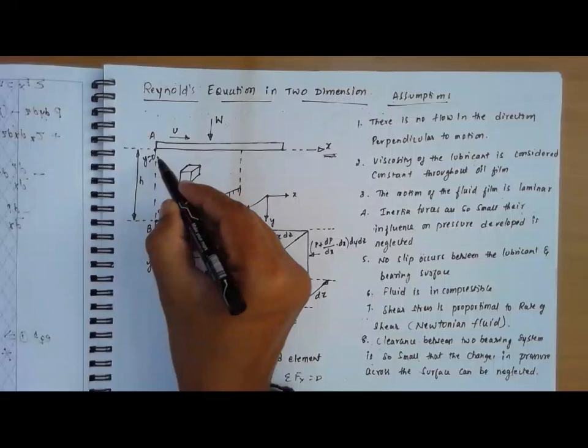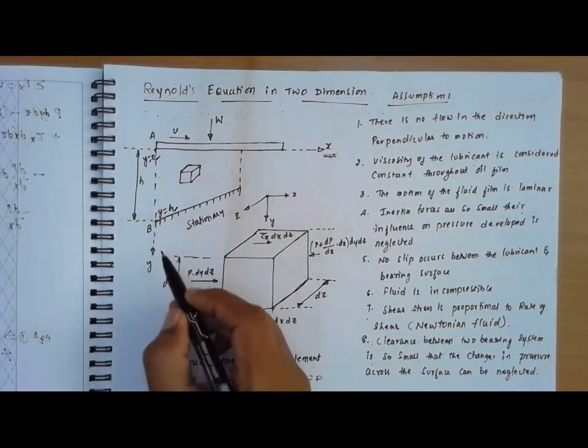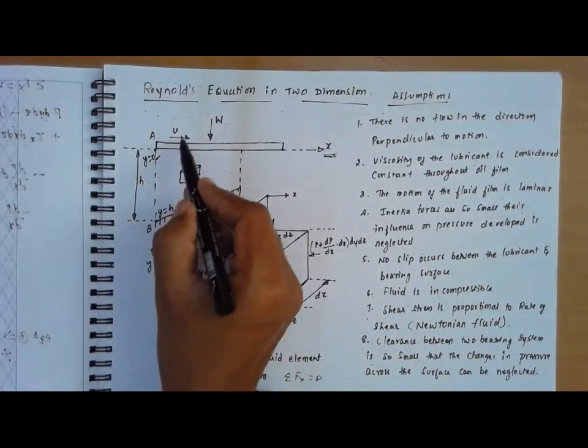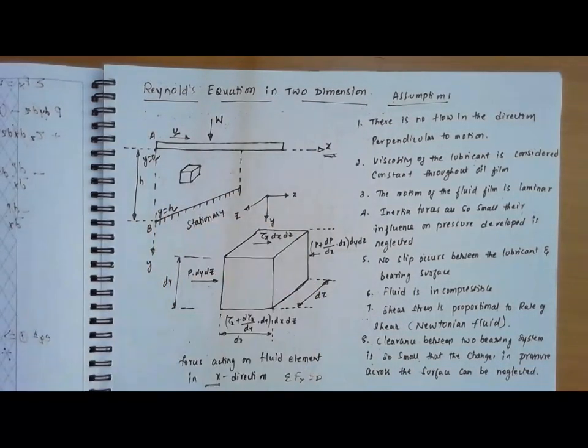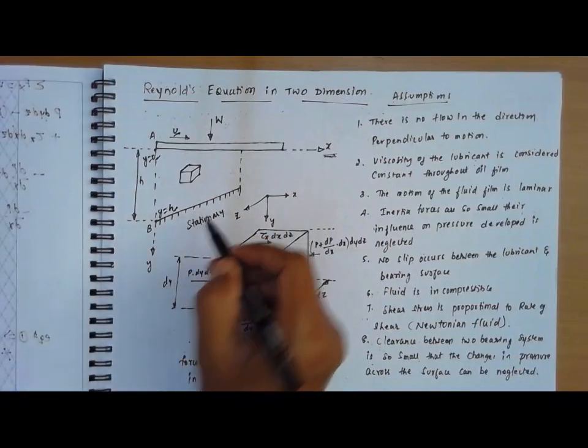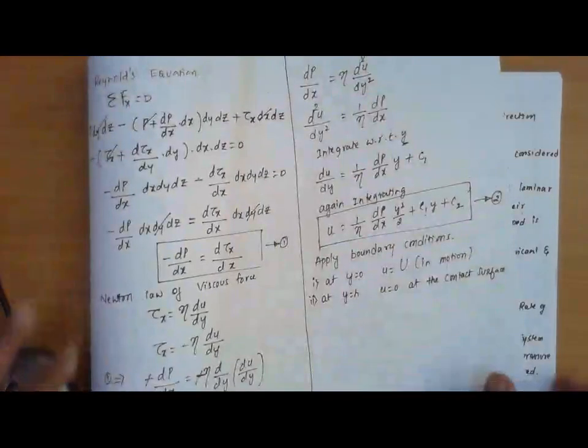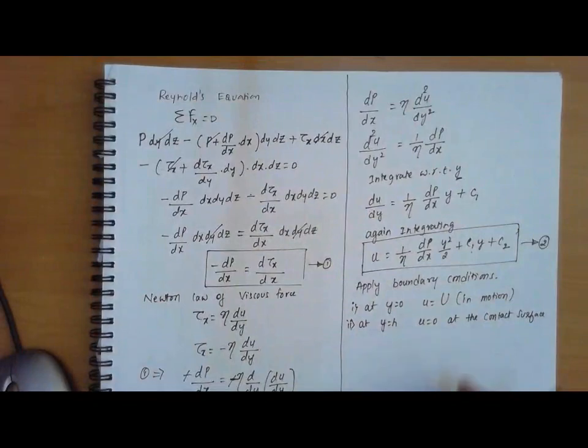You can consider these two conditions. So this is when y becomes equal to 0, and this is when y becomes equal to h. Here the velocity will be U, and here, at the contact surface, because it is a stationary member, it will be 0. So those are the boundary conditions that we are going to apply.